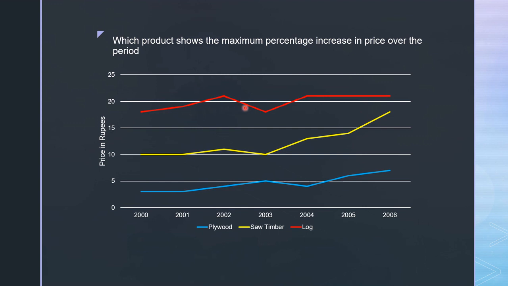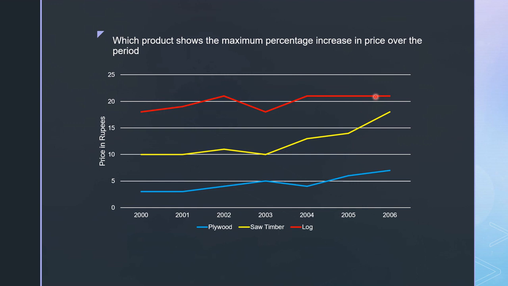So these are all the points of this red graph: 18, 19, 21, again 18, 21, 21 and 21.